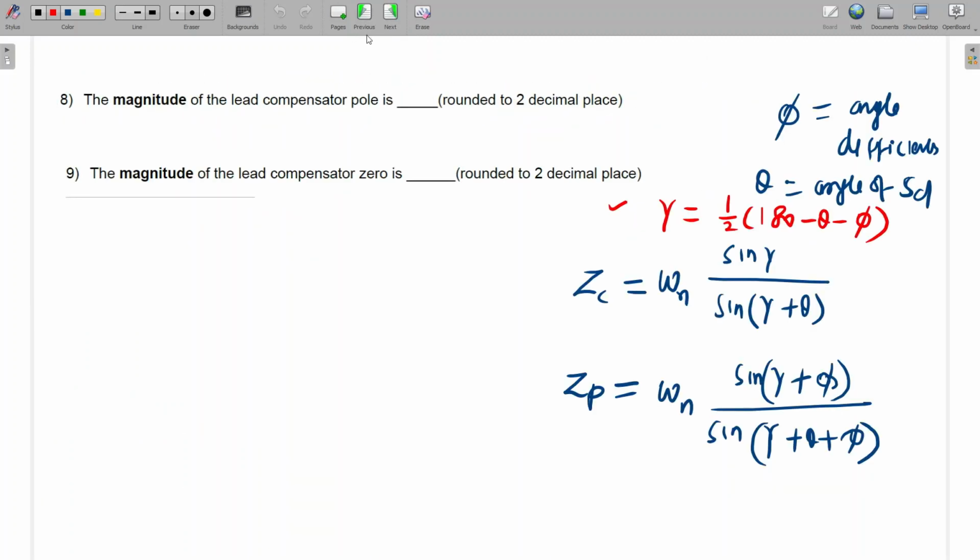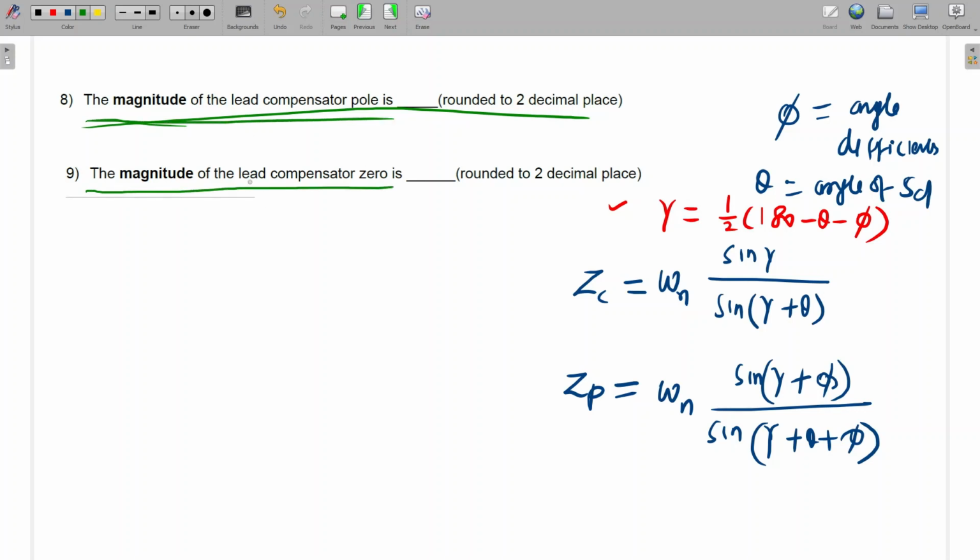So already we have calculated the angle deficiency. Now for that angle deficiency, we have to calculate the magnitude of the lead compensator zero and the magnitude of the lead compensator pole.